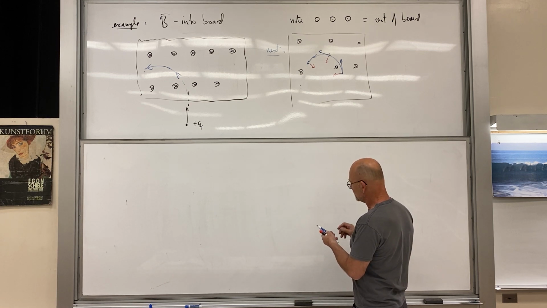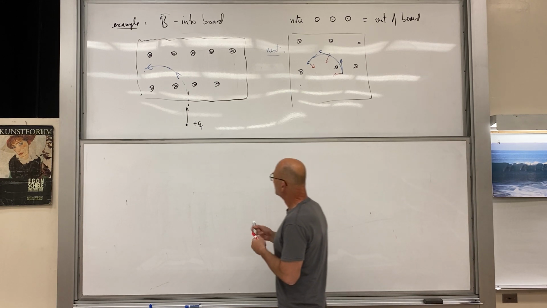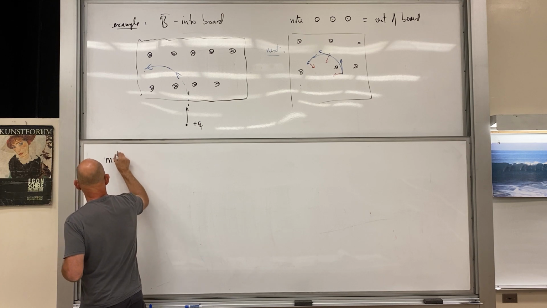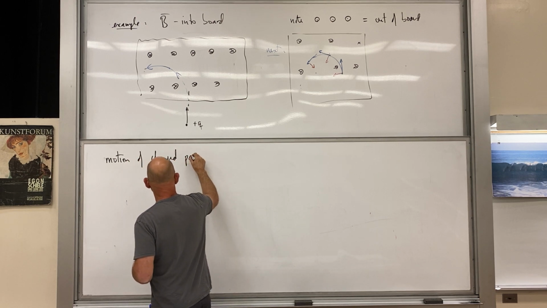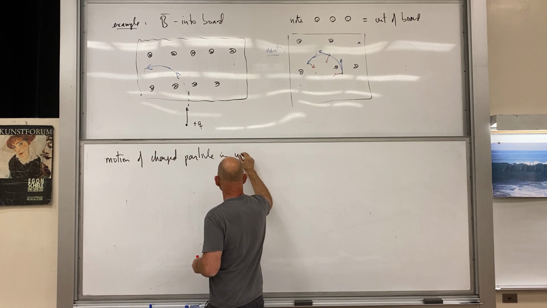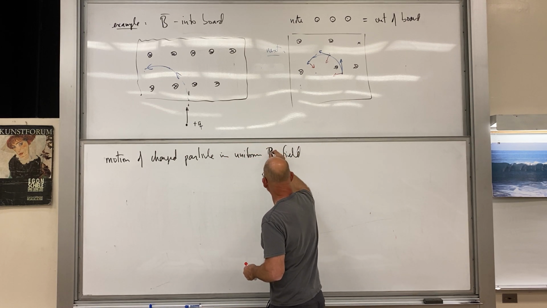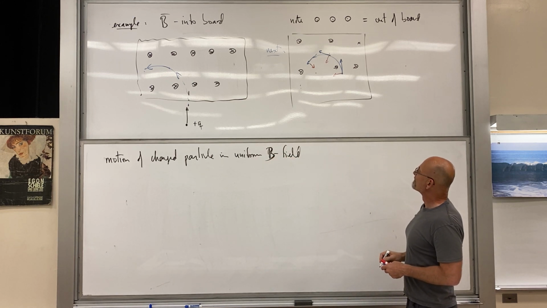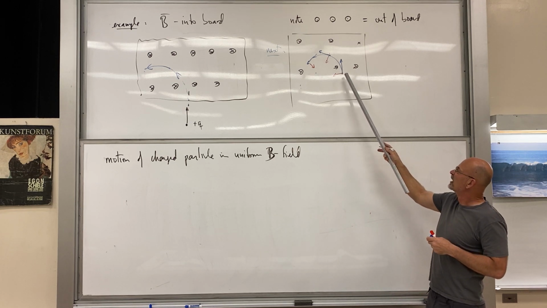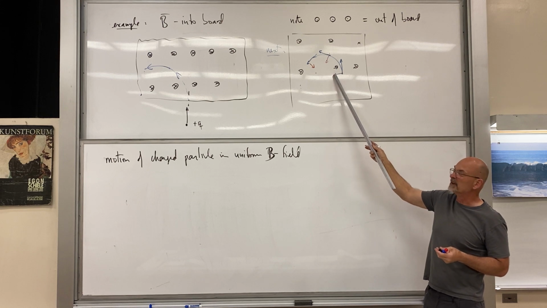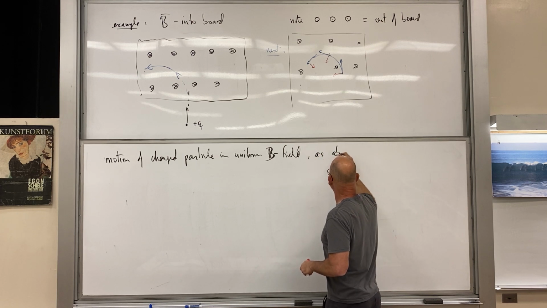Motion of a charged particle in a uniform magnetic field. That's what we call a magnetic field, B field. And the configuration has to be the way I said: the velocity is perpendicular to the B field. The B field's into the board, B field as above.